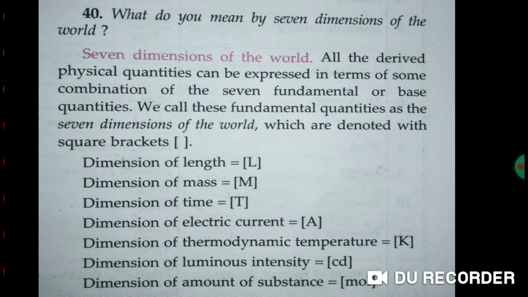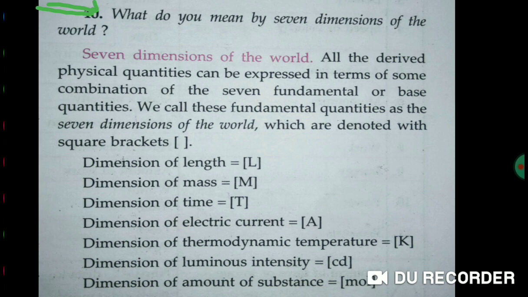Today we start with one question: what do we mean by the 7 dimensions of the world? In the previous class we discussed the 7 fundamental quantities, which we also call base quantities.